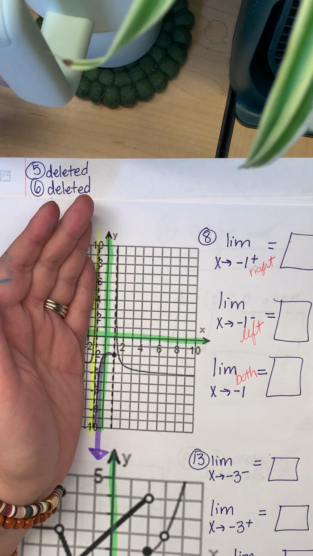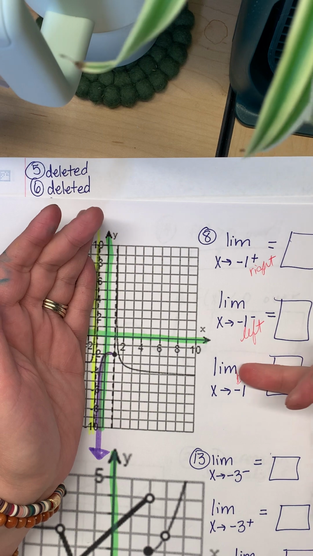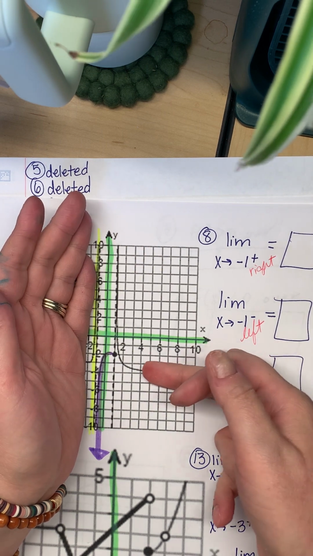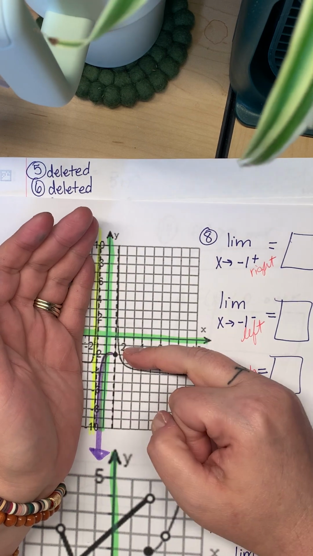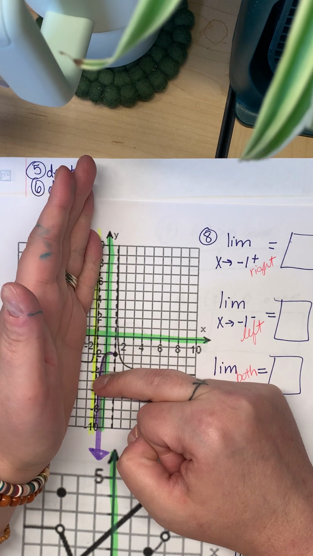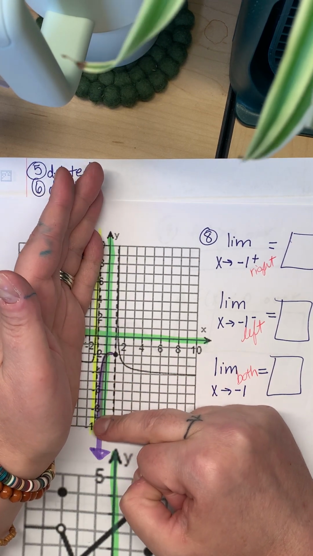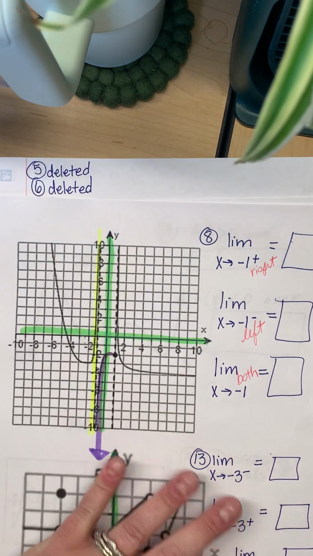As we come in from the right side of this graph and I trace over, I go up all the way up here, then I come back down here, and as I get closer and closer to that yellow line of x equals -1, my y value goes all the way down to -infinity.